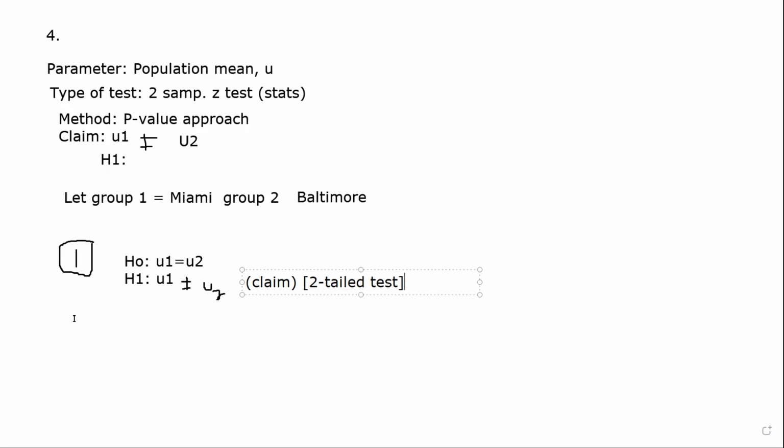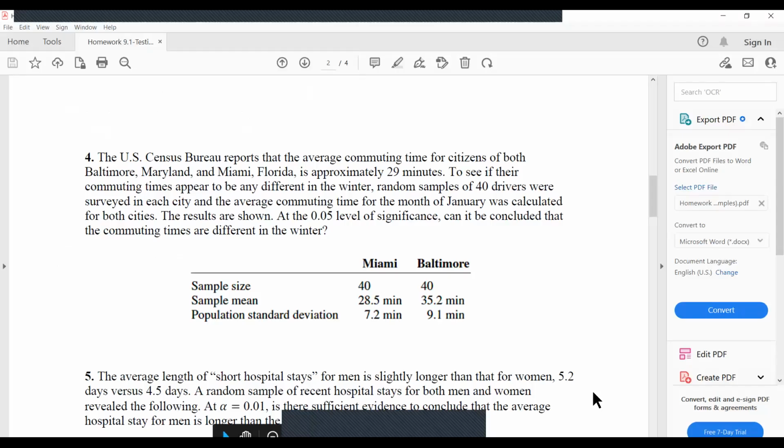Now, I believe that I did this earlier, but let me go ahead and bring up the calculator and the data. Let me show you that, because we haven't done this yet. So here, I'm going to go back to my problem briefly, because I need to record my stats.